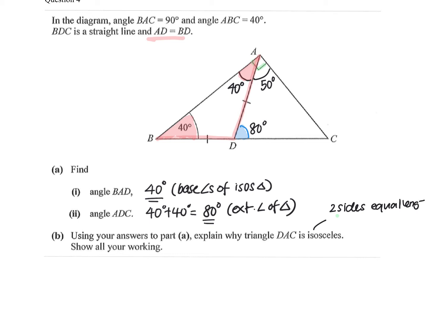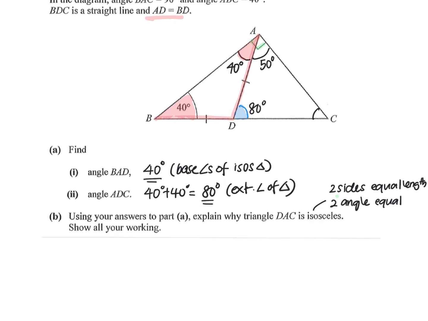Or you can have two equal angles. But in this case, I do not know the length, so I shall go for the angles. And the only angle down here that's unknown will be angle C. But of course, I need to explain to them what I found for angle DAC.